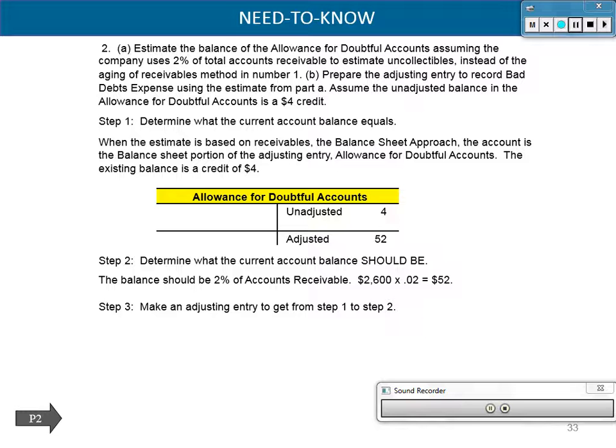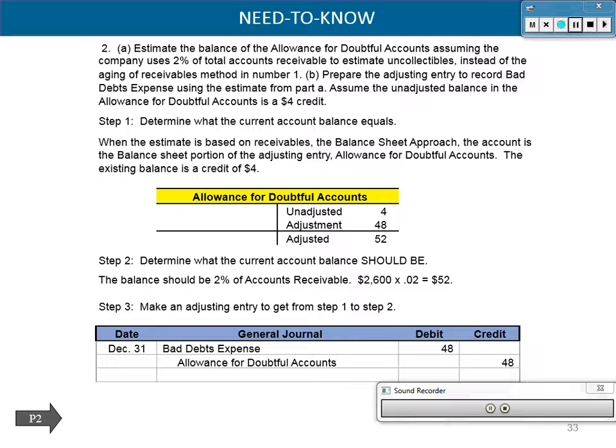And 2,600 times the 2% is going to equal $52. So this is our journal entry. Debit to bad debt expense, credit to allowance for doubtful for $48, which is basically the $52 minus the $4 that was previously on the credit side of allowance for doubtful.